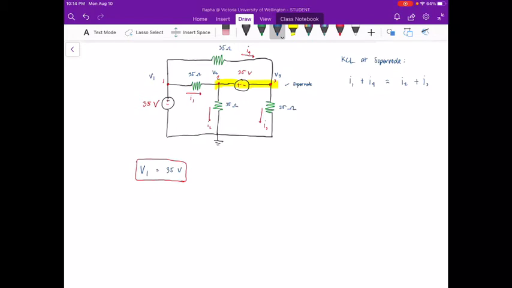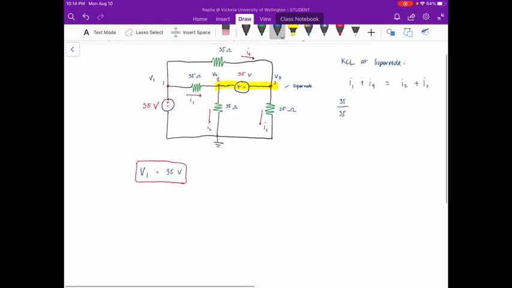So the next thing that we're gonna do is we will expand this to its voltage over resistance equivalent. So the V over R equivalent at I1 would be V1, which is equal to 35 volts over 35 ohms, plus our I4. We have I4 is right on the top.